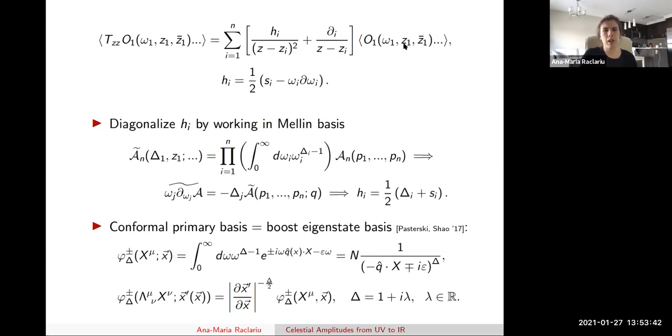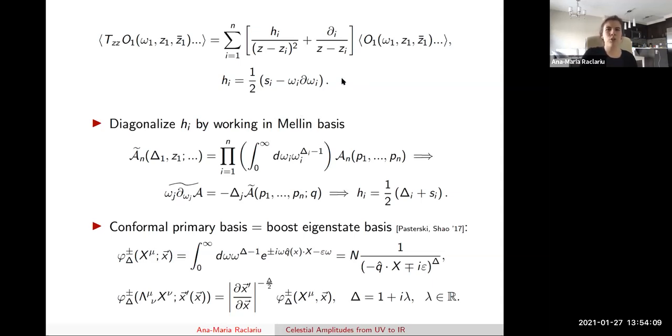And you may wonder, would these amplitudes diagonalize this omega_i d by d omega_i? And of course, standard momentum amplitudes would not do that, because one can think of them as being just polynomials in the external energies. If you act with this operator on a random polynomial of these omega_i's, you're not going to get back the same thing up to a constant.